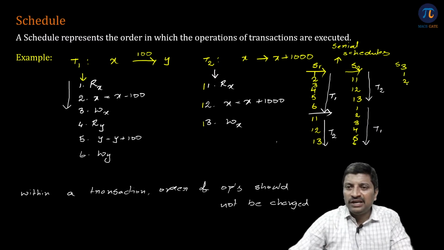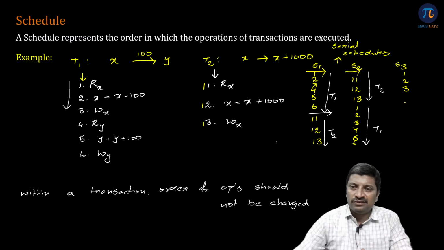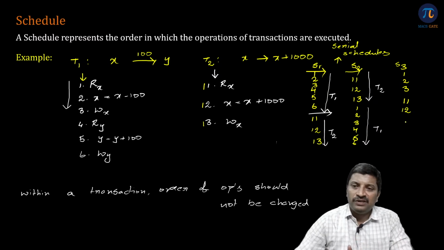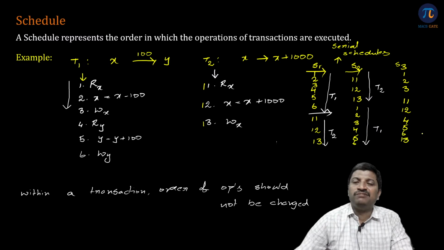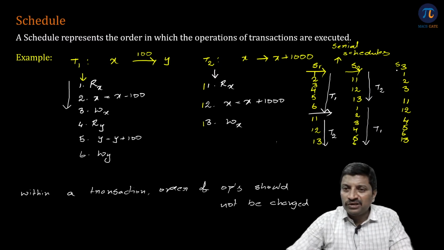Like I completed 3 operations of the first transaction, then I took 2 operations from the second one. Again, I complete the next 3 operations of the first transaction, then the last operation of the second transaction. Am I clear, sir? Here, both the transactions are executing simultaneously.